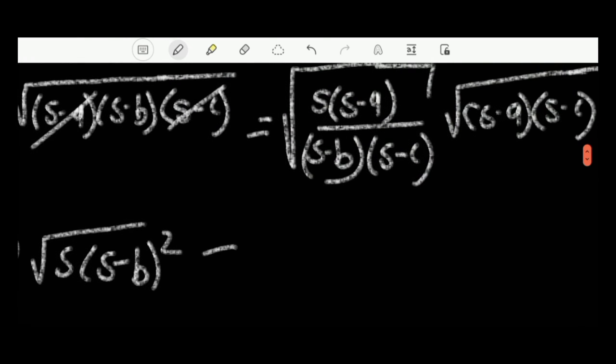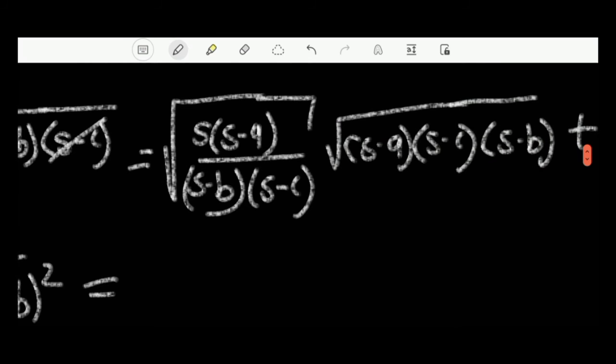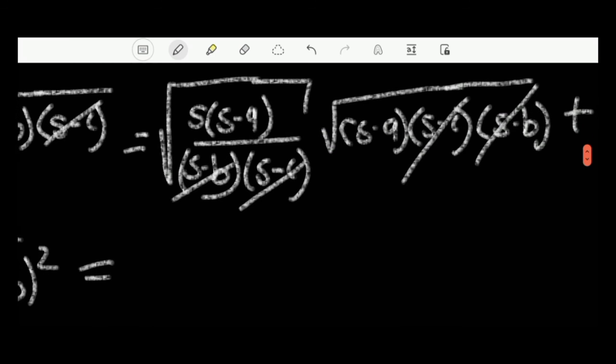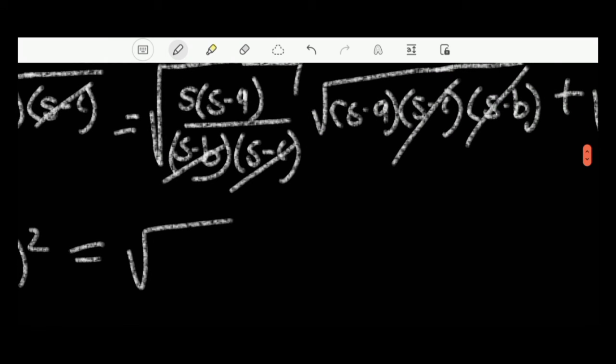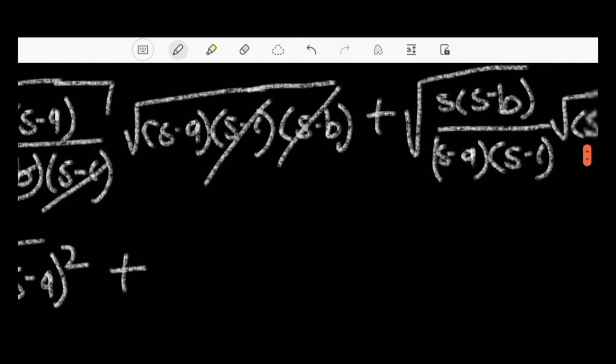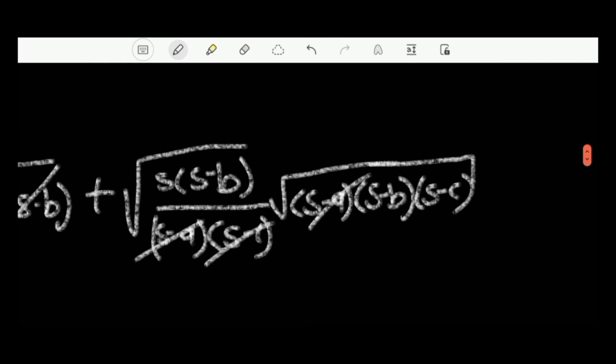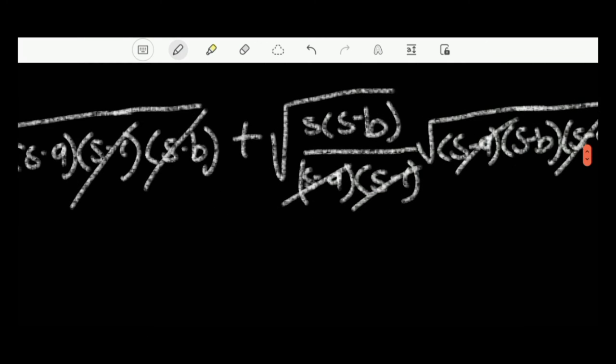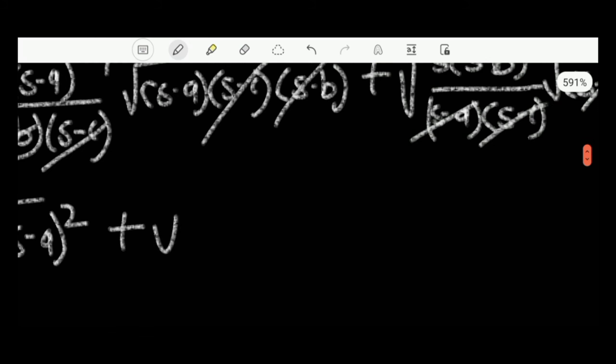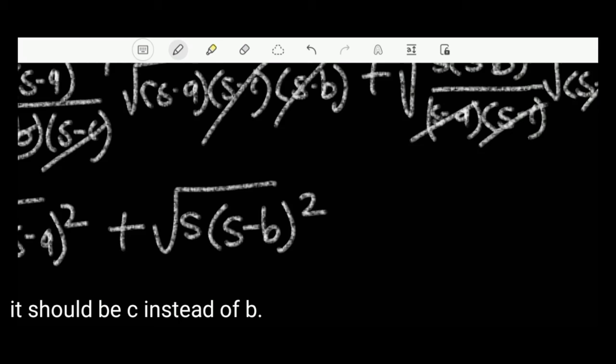And similarly, in the right hand side there is also some nice cancellations that we can perform, and we'll obtain the s multiplied by s minus a whole square plus, here we can cancel s minus a and s minus c, and we'll get the square root of s multiplied by s minus b whole square.